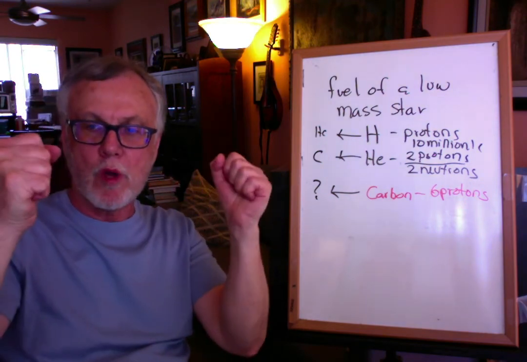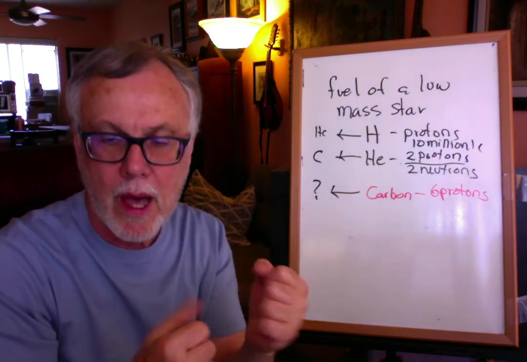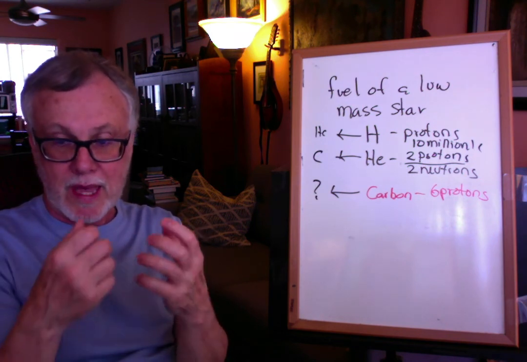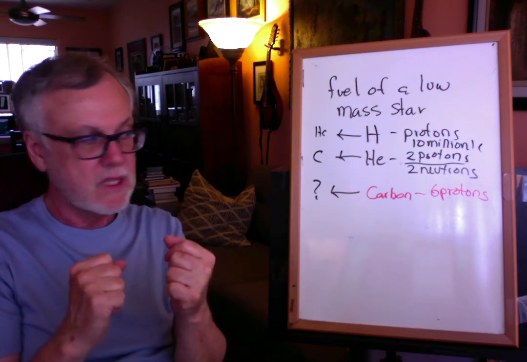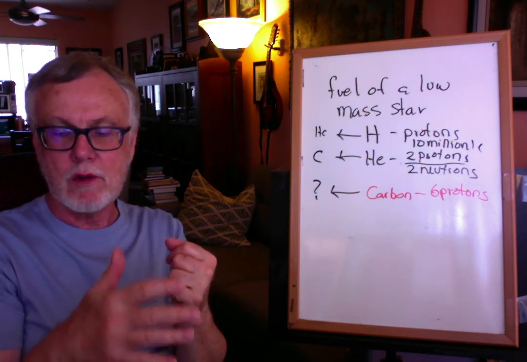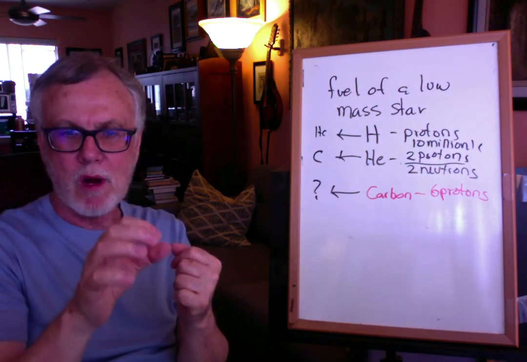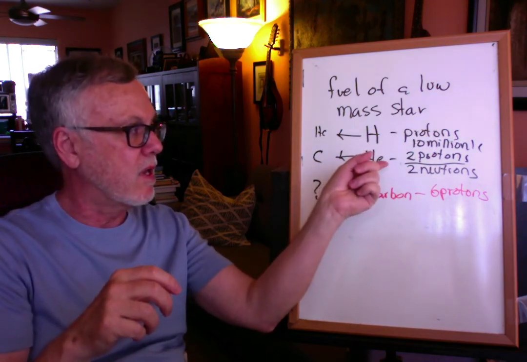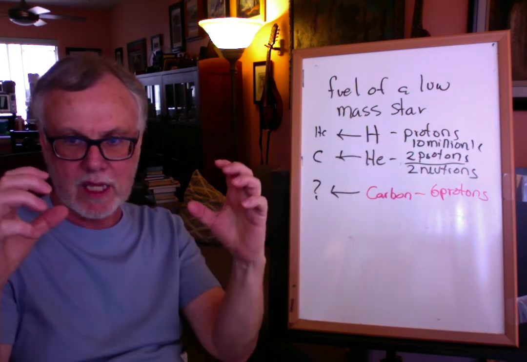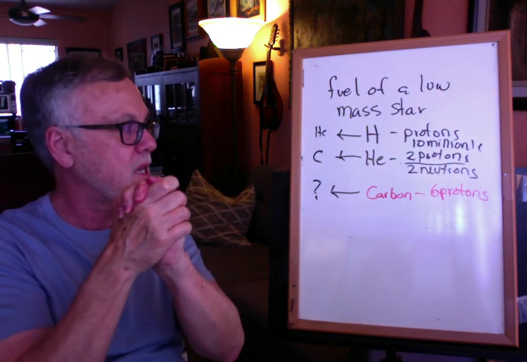To get 2 protons and 2 protons to come together takes a much higher temperature, because the energy depends on how massive the particle is. Remember, temperature is a measure of the kinetic energy, and the kinetic energy is equal to 1/2 times the mass times the speed squared. The mass of helium is about 4 times that of hydrogen, so it takes more energy to get them going fast enough to collapse together.